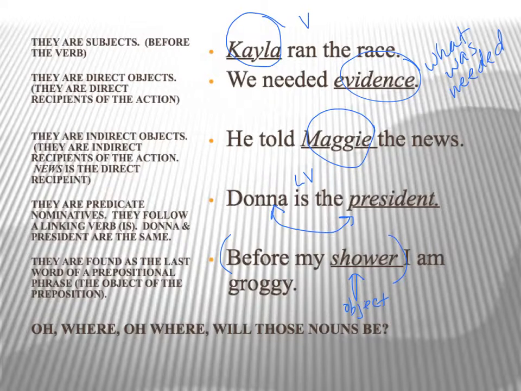So think about all of the things we've gone through. A noun is a person, place, thing, or idea. Tips for recognizing nouns. Remember, you're looking for noun markers. Sometimes a, an, and the will be helpful. With proper nouns, it's not always going to be the case, but with the common nouns, that will be helpful. Look at the suffixes of the words.